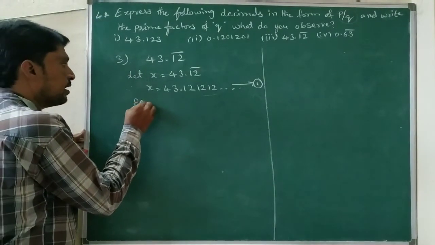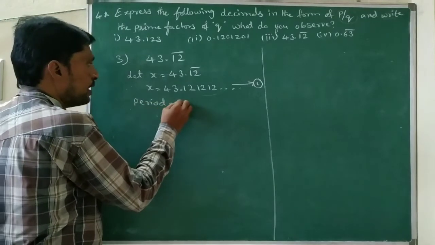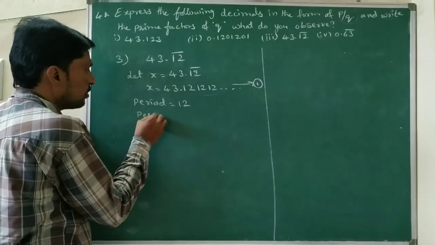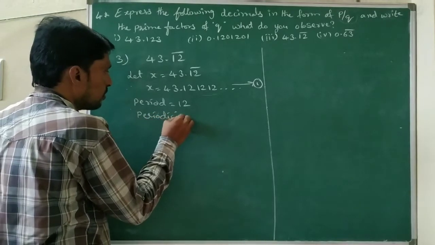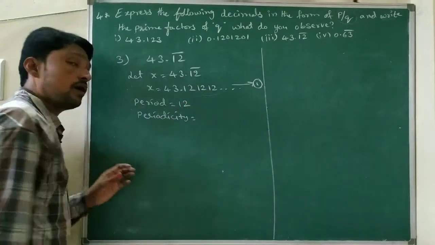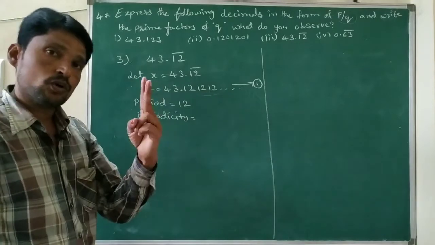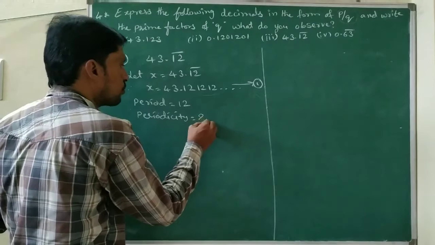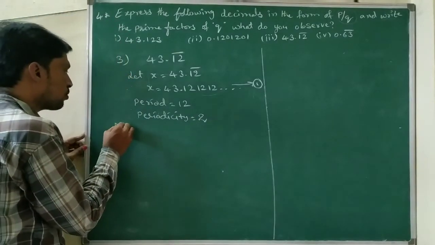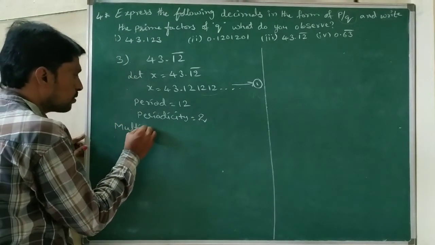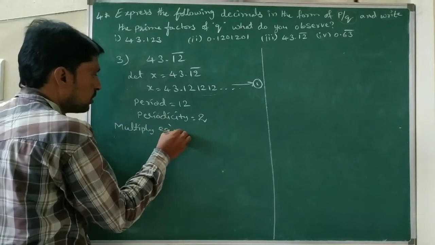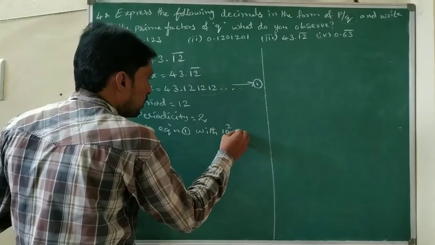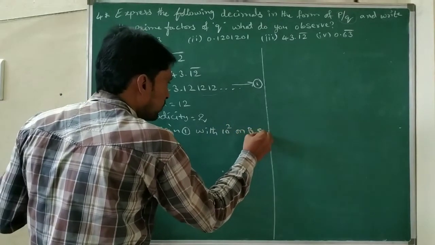So what is the period here? Period equal to 12. Periodicity: how many digits are repeating? 2 digits are repeating, 1 2 1 2 1 2, so periodicity is 2. So multiply equation 1 with 10 square on both sides. BS means both sides.